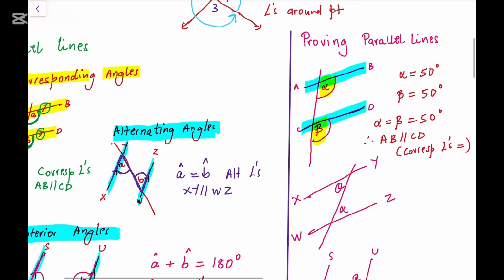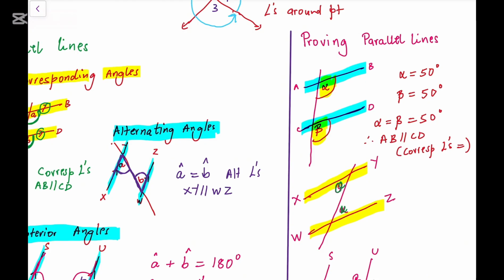Or let's look at line XY as well as WZ. So now if you are required to prove that these two lines are parallel, you will calculate angle theta using other theorems. You will also calculate this angle alpha using other theorems.